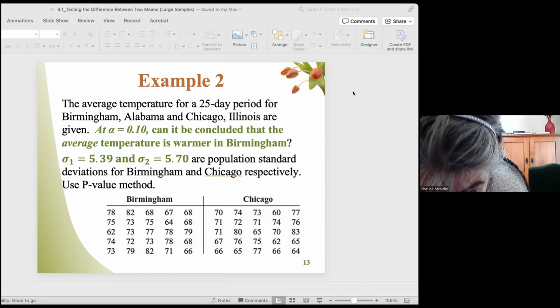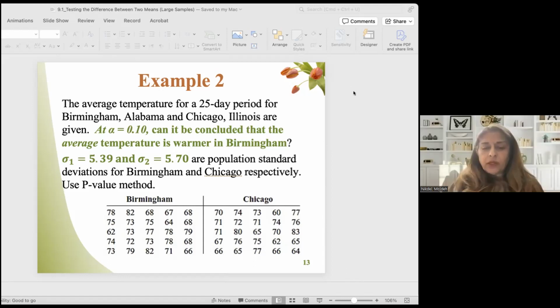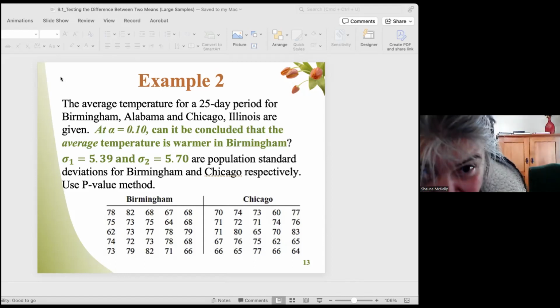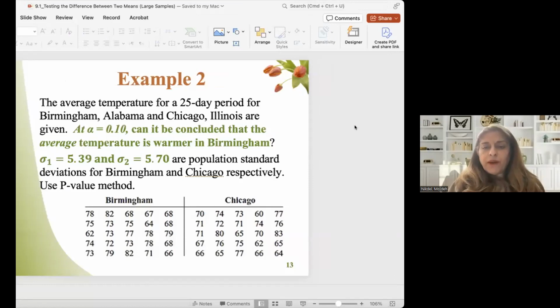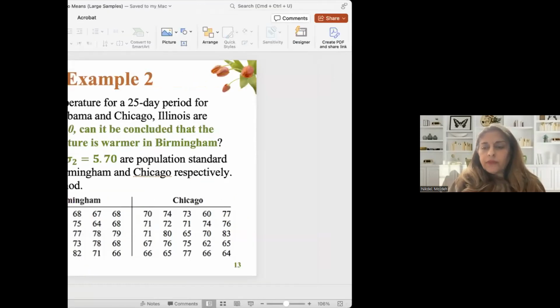You want Chicago as well? Yes, let's enter Chicago. Do you have the list? I can see it on the slide that you're sharing, yes. Let me move my PowerPoint a little bit to the right. Okay, I think now you can see.